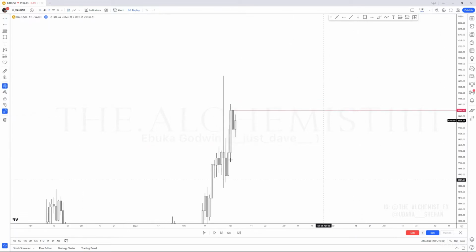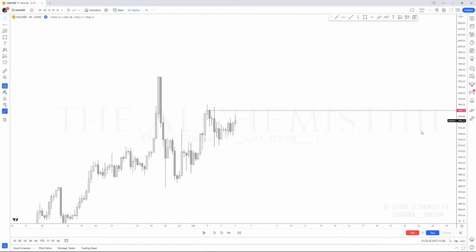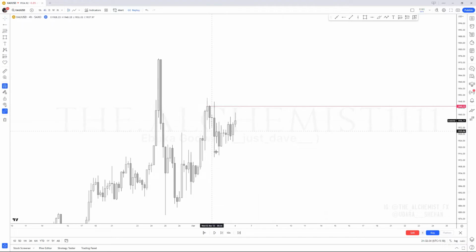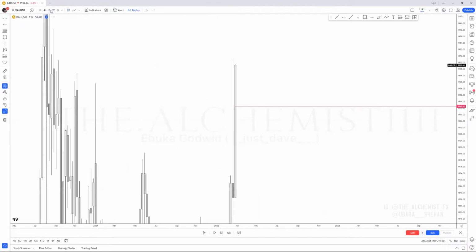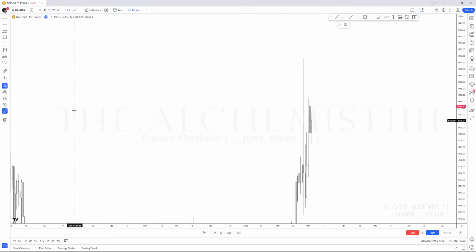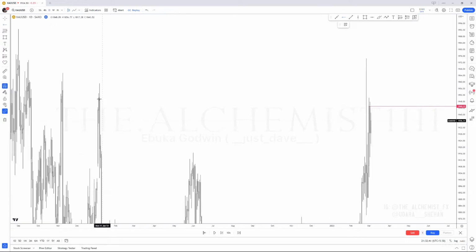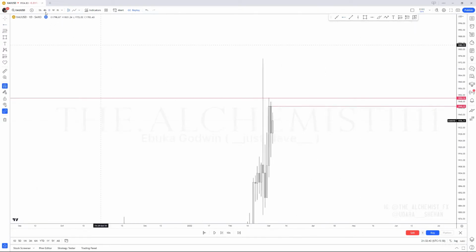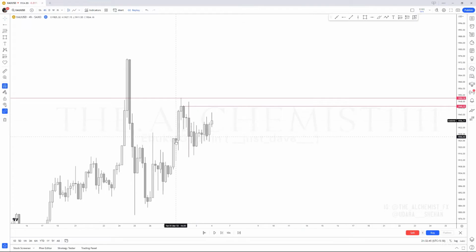Now, once again, you need to understand something important. We came to a conclusion that daily started a bearish storyline here, because we saw how daily rejected this daily resistance. And then on the H4, we saw how H4 broke structure over here. That is why I told you daily turned bearish.